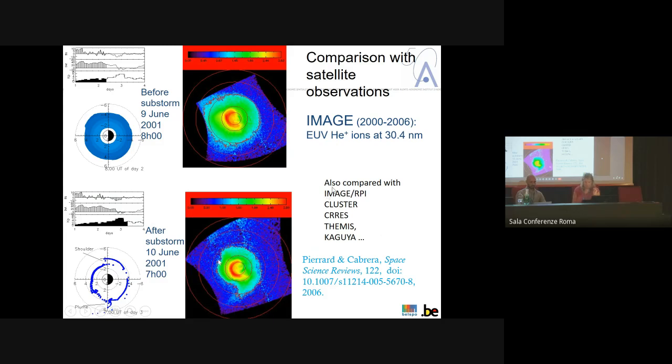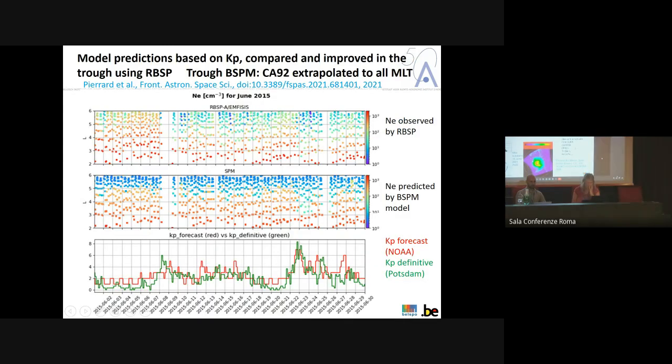Thus, we also made many comparisons with other observations from Cluster, CRRES, THEMIS, Kaguya, and many others. And generally, the model gives very good comparison, on average, because it can be different from one day to the other, inside the plasmasphere and for the plasmapause position.